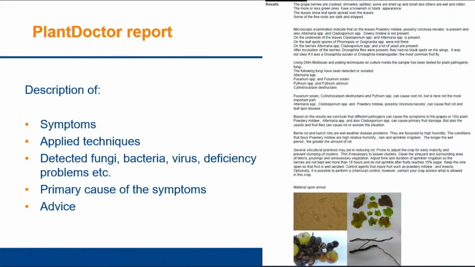And if you look at the report, my colleagues, the plant doctors, they make pictures of the crop and sometimes also picture if they search it under the microscope. And they write a complete report by hand. You will receive it on the email with a description of the symptoms. What do they see when the material arrives in the laboratory?